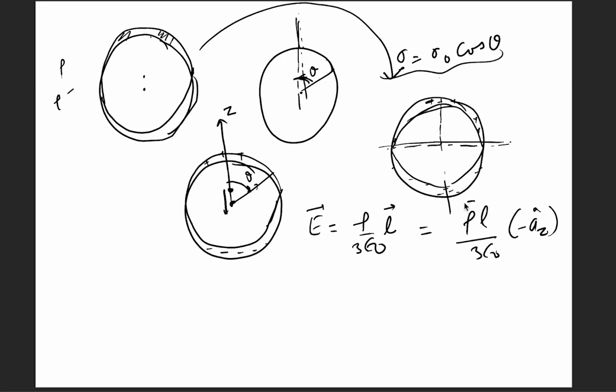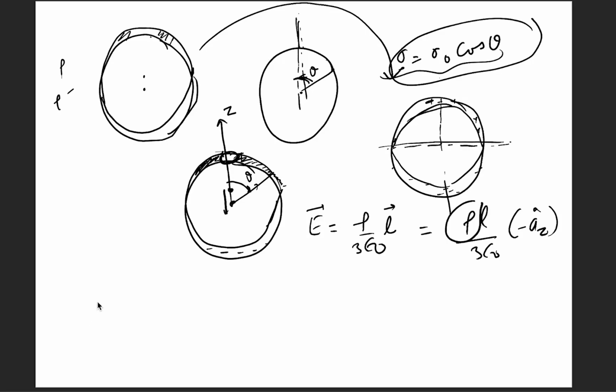Now we have to find just the relation between this ρ and σ = σ₀ cos θ. How to do that? You see this thickness, not the maximum, at any point, what will be its value?